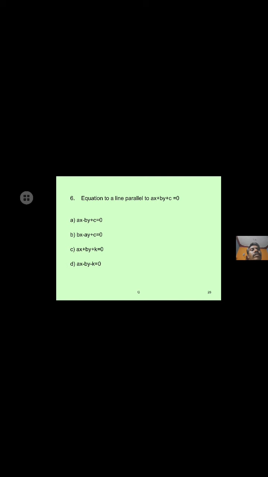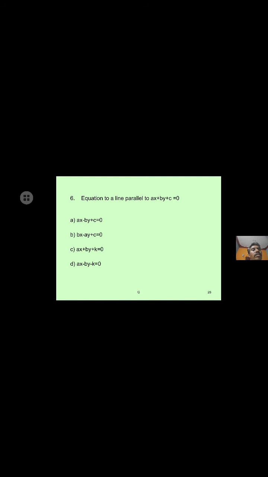In the first option, ax minus by plus c equals to 0. Minus b means this is not the same coefficient as in the given equation. And in the second, the x coefficient is b, but in the first equation the x coefficient is a, so here also it is changed.